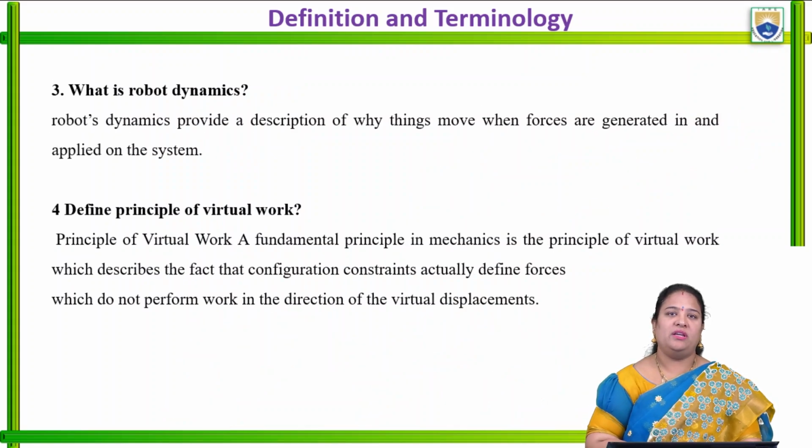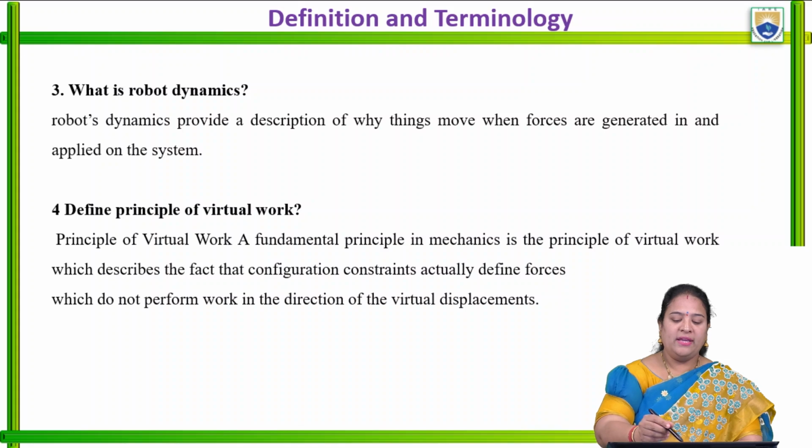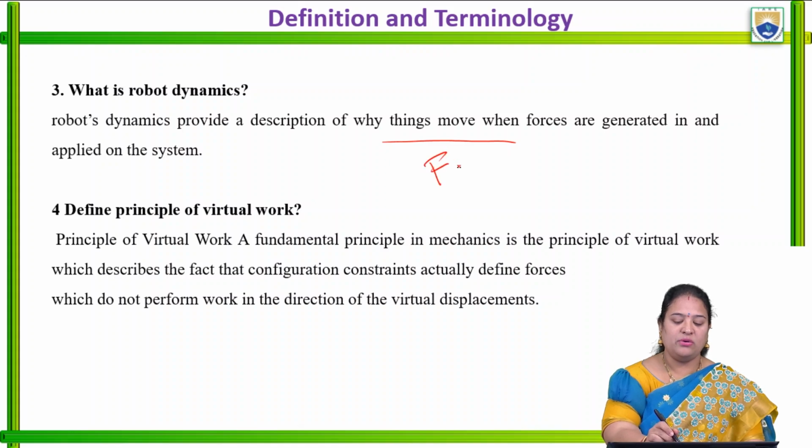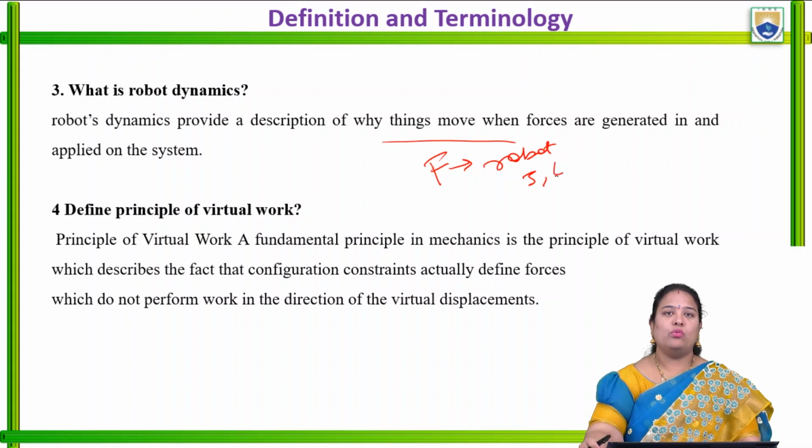Next, what do we mean by robot dynamics? Generally, robot dynamics is used to describe why things move when forces are generated in and applied on the system. When some amount of force is applied on the robot joint or robot link, the robot dynamics provides a description of why things move.